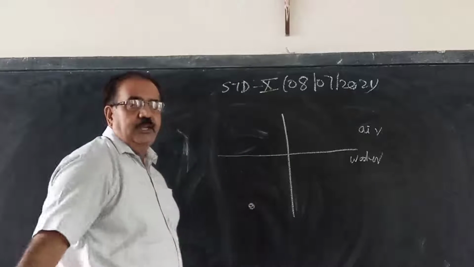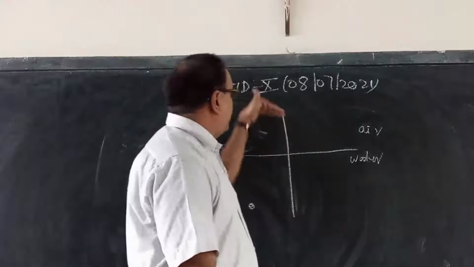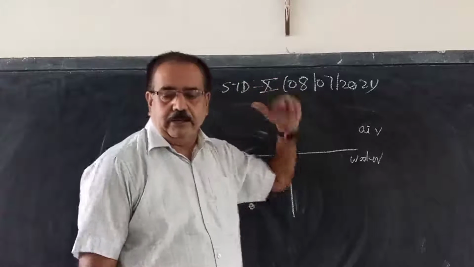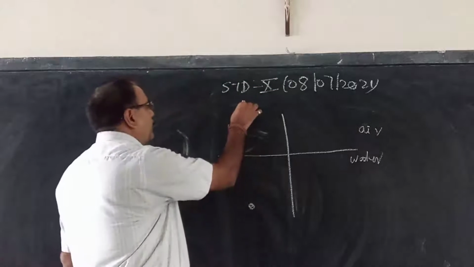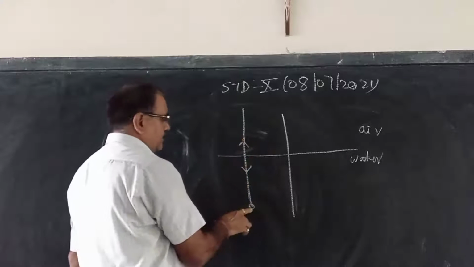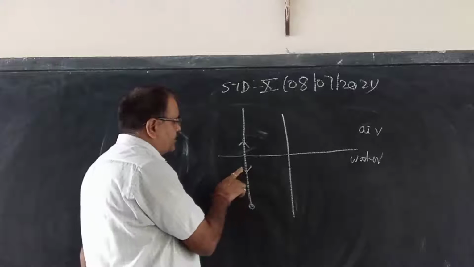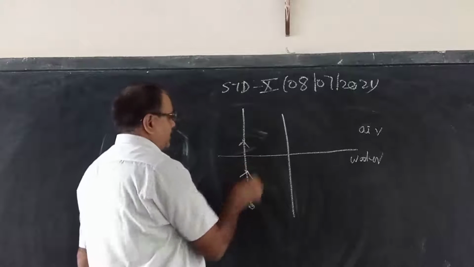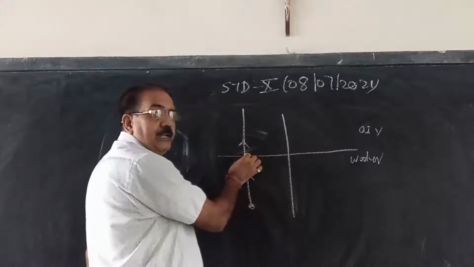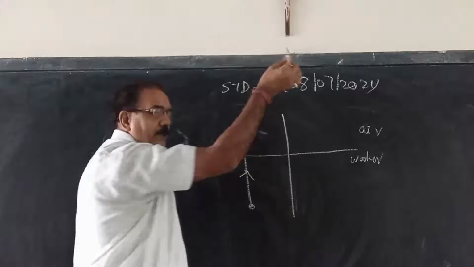A person sees this coin from above the water level, that means from air. One ray coming from the coin strikes normally on the separating surface and passes undeviated.